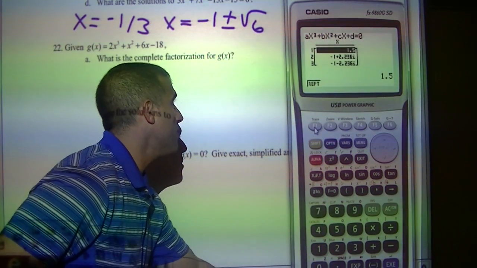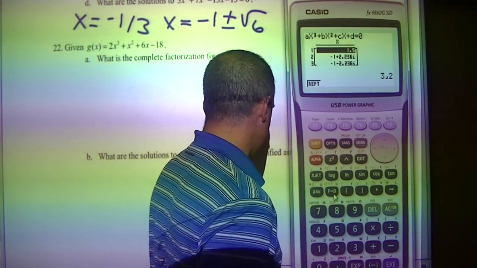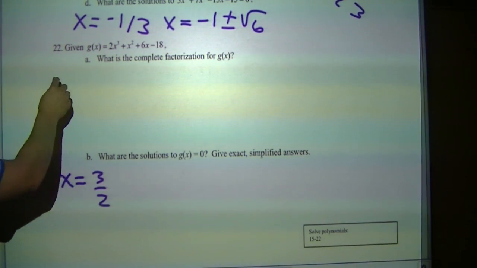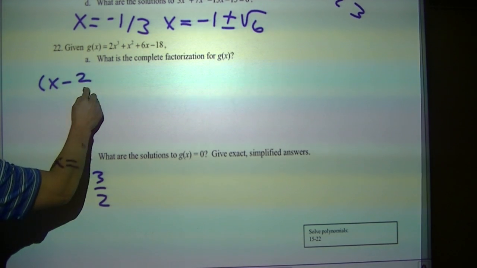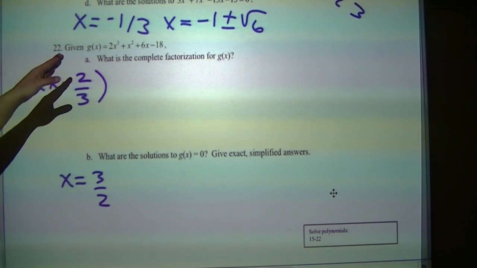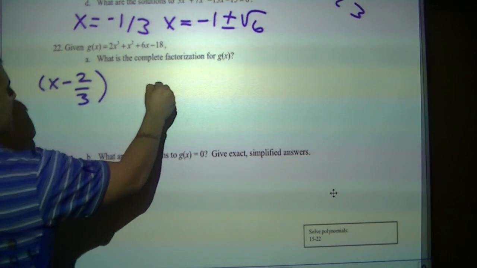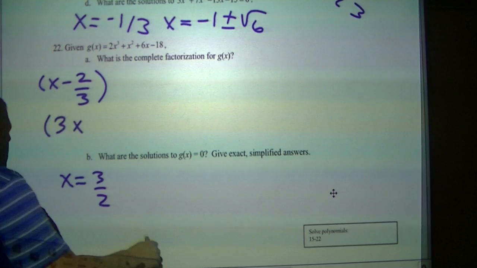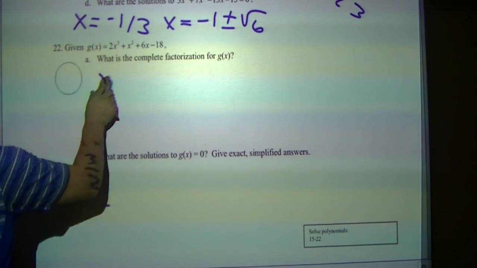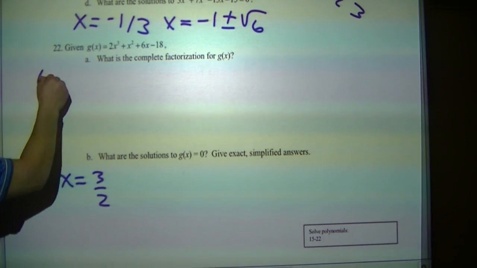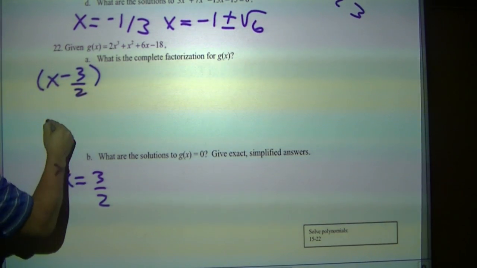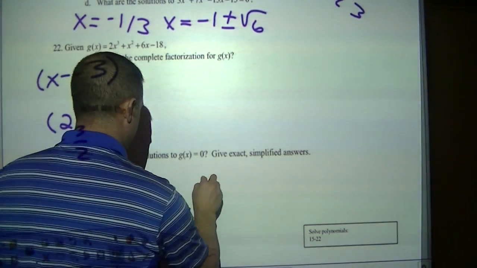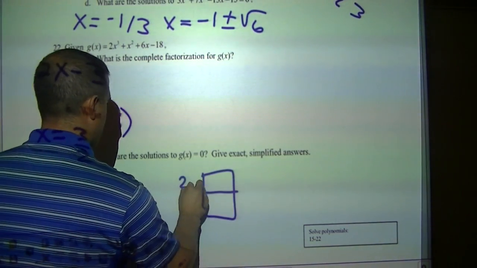So I know that one of mine is x equals 3 over 2, which as a factor would be x minus 3/2, which would be 2x minus 3. So what I'm going to have to do is divide by 2x minus 3.